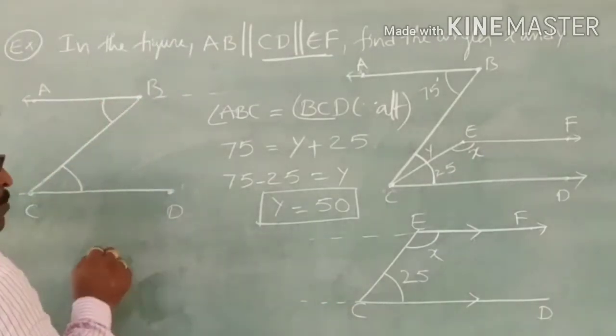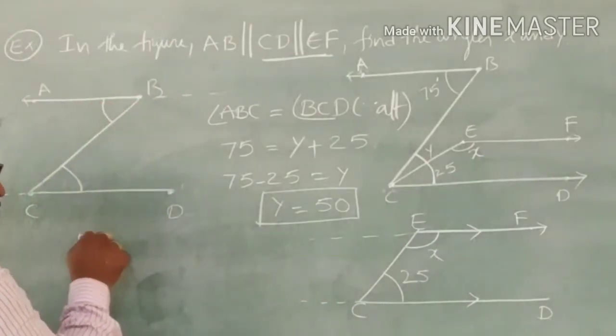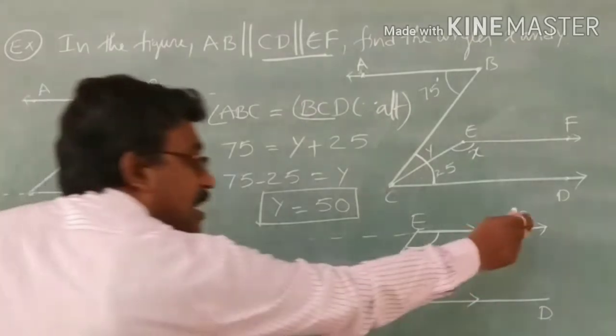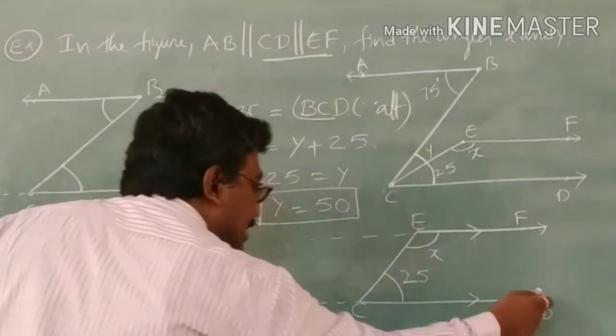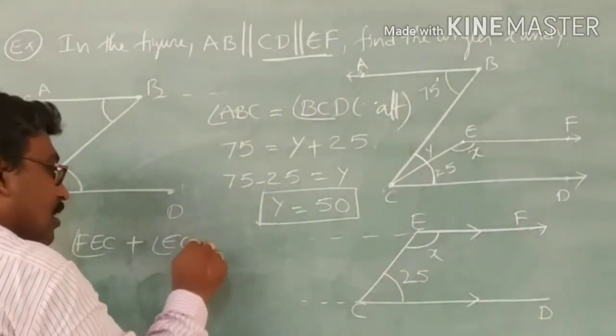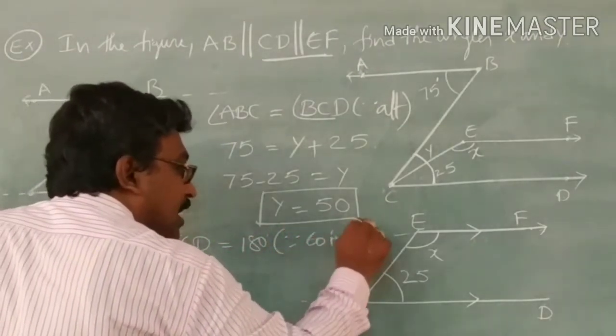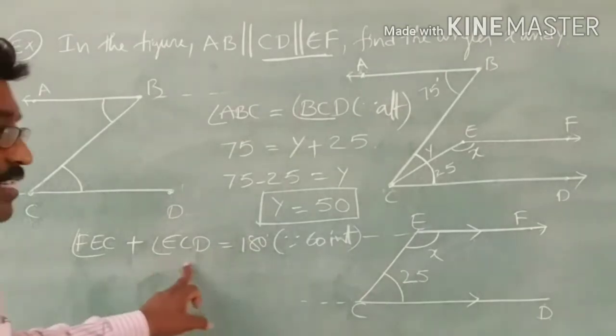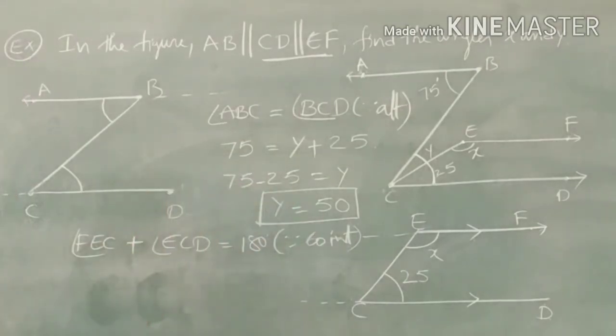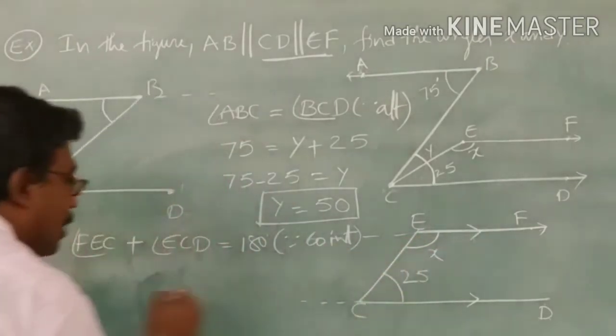Okay. So, the sum is angle FEC plus ECD is equal to 180 degrees, because the sum of co-interior angles is supplementary. Now, FEC is how much?